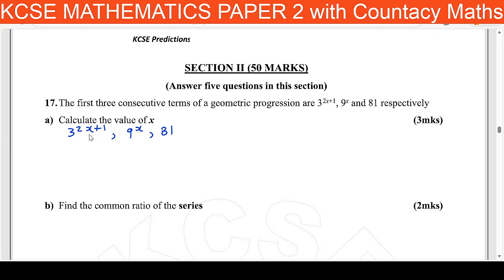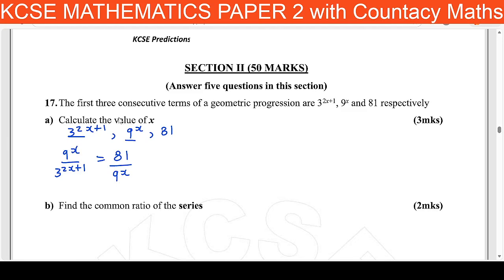Saying that might sound a bit complicated, but once we write it down, it becomes much easier. So we have 9 to power x divided by 3 to power 2x plus 1, and that should be equivalent to 81 divided by 9 to power x. We divide this value by this value, and say that it is equivalent to this value divided by this value.